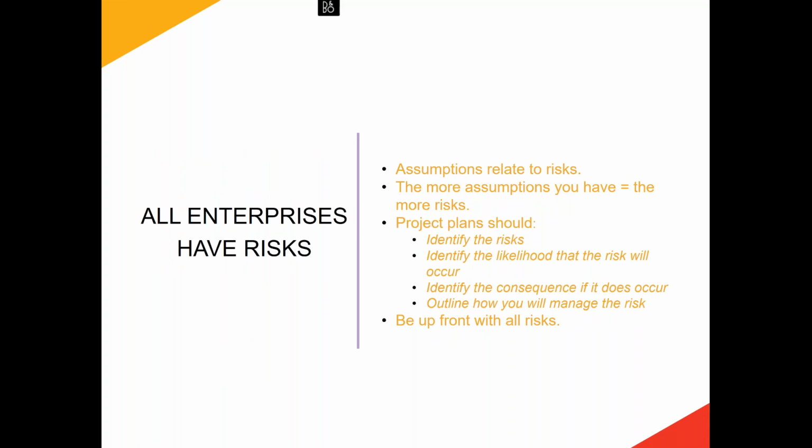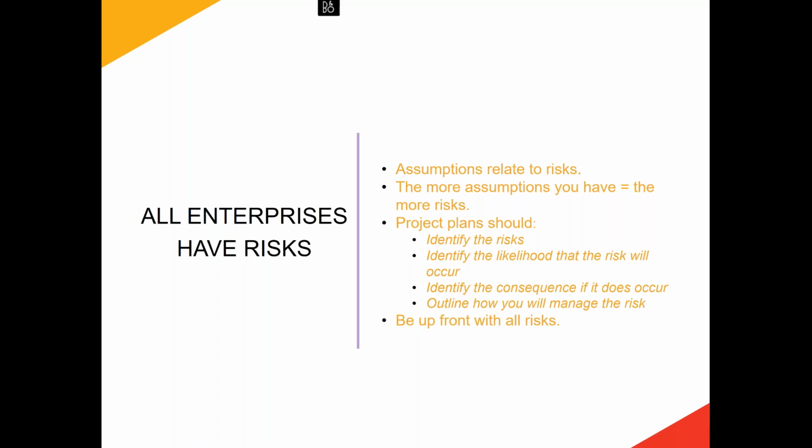The other part, and I mentioned risk earlier on, all early stage companies or projects have assumptions, and those assumptions relate to risk. So the more assumptions you've got, the higher the risk. Now, there's nothing wrong with having risk. But the thing to do is to actually include your risk mitigation strategies in your proposal.